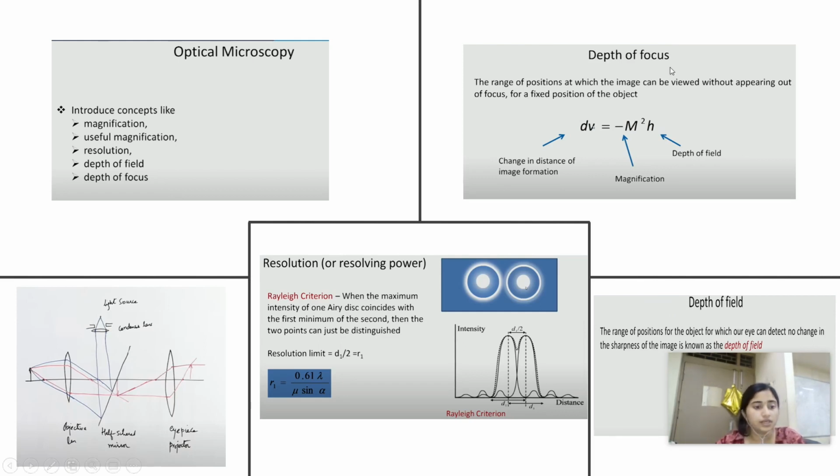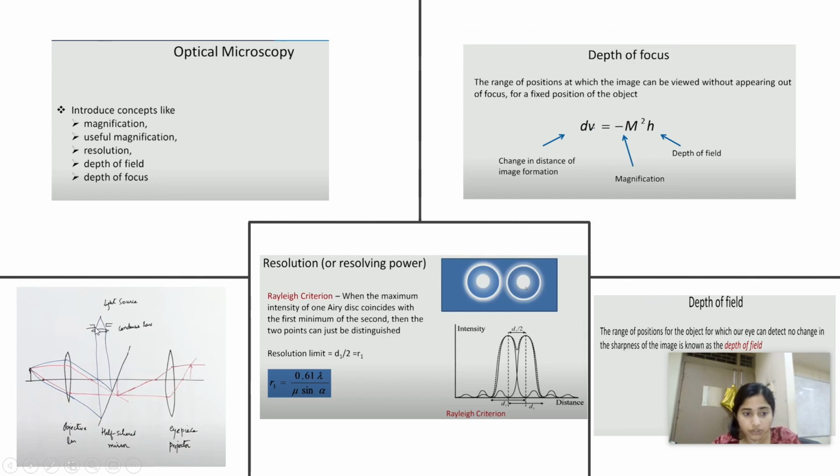If you see here, it is what we call a compound microscope. The object will be there, with an objective lens and a condenser lens, a light source and an aperture.